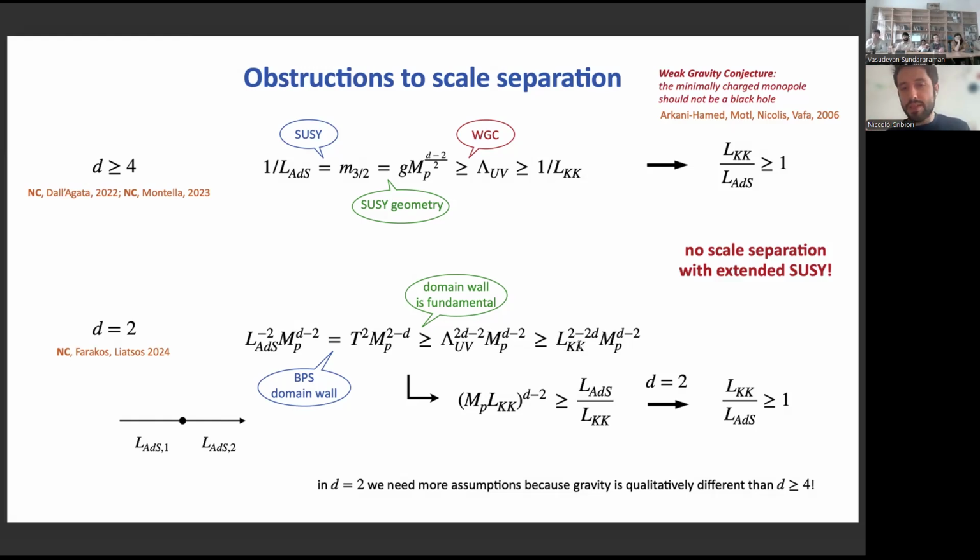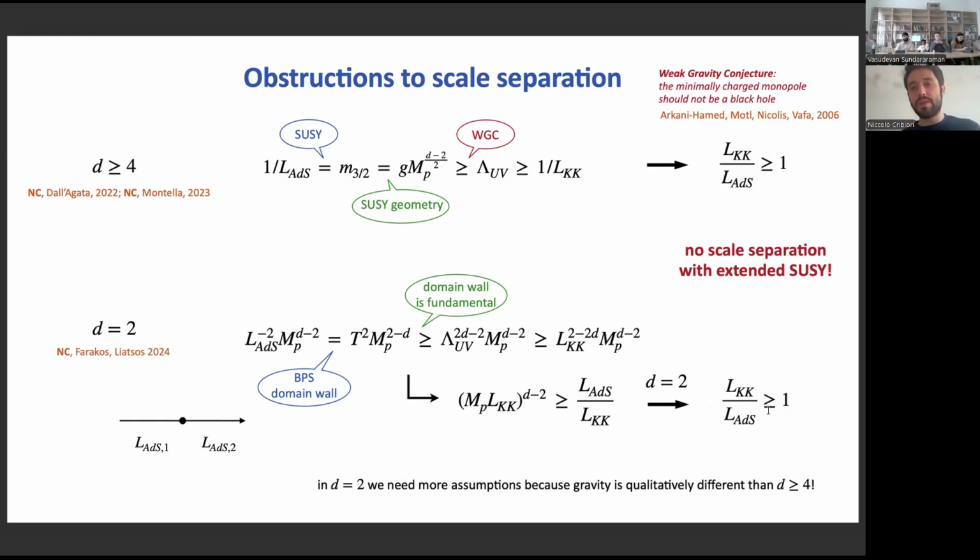And then, okay, you repeat a similar logic. You upper bound the cutoff with the tension, and lower bound the cutoff with the KK scale. And now you arrive at a relation of this kind. For generic dimensions, this is not telling us much, even though we'll come back to it later. But you see that if you put d equal to 2, this ratio disappears, which is consistent because there is no Planck mass in 2 dimensions.